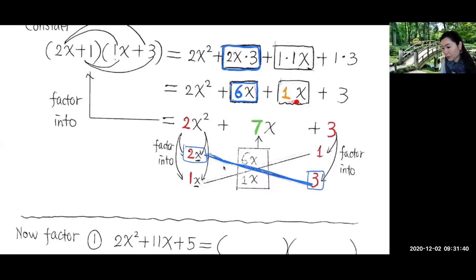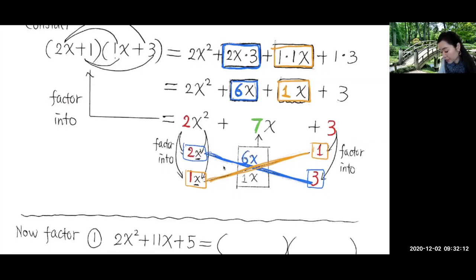Now, where did this 1x come from? The 1x here comes from this 1 times 1x, which is this one over here. So if you only focus, 2x times 3 will give you 6x, so that was the 6x that you got over here.